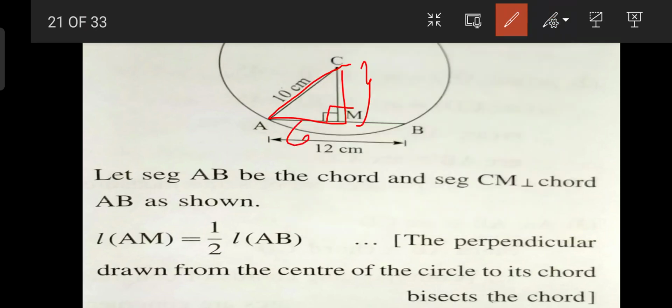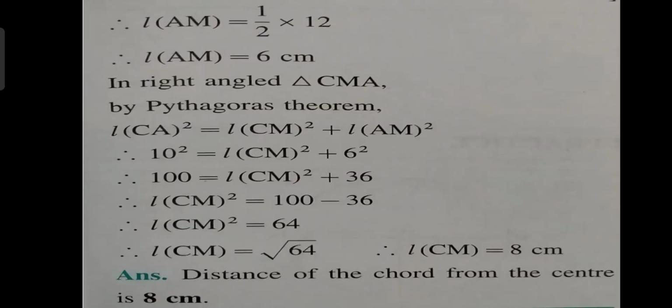In right angle triangle CMA by Pythagoras theorem, now see student, Pythagoras theorem you can only and only use when your triangle is a right angle. If it is a right angle, only then you use Pythagoras theorem, otherwise you would have to use Heron's formula, which we told you earlier, square root of s into s minus a into s minus b into s minus c. But since here there is a right angle triangle, we will use Pythagoras theorem. Length CA square is equal to length CM square plus length AM square.